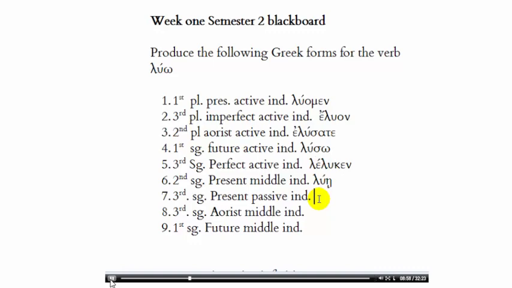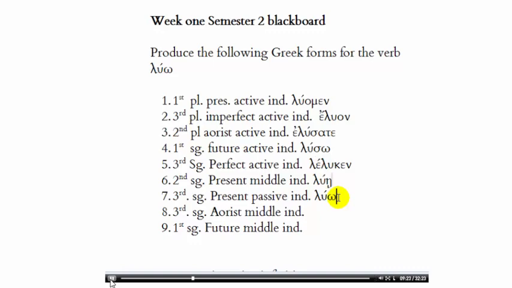The third singular present passive indicative. Well, again, no big deal there. Let's start out with luo, which is our first foundational form. By the way, these also could be middle. The lue here could have been passive as well, and this as well could be middle. The middle or passive in the present are the same form.